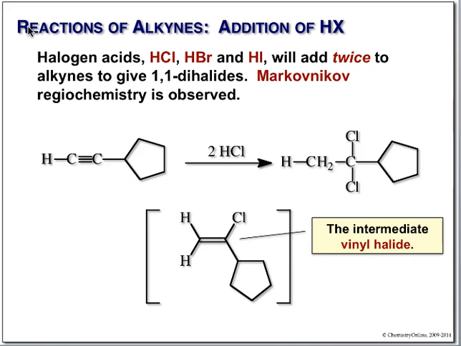Therefore, our second mole of HCl is going to add to this carbon, and this is our final product. So in terms of just remembering things, this is Markovnikov addition. Step one, which carbon will give the most stable carbocation? You add 2 moles of chlorine to that carbon. That's the bottom line.